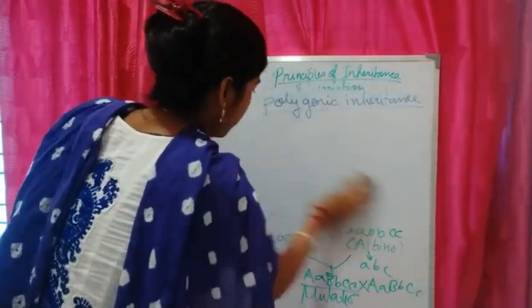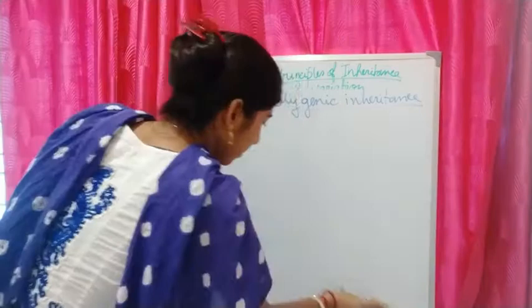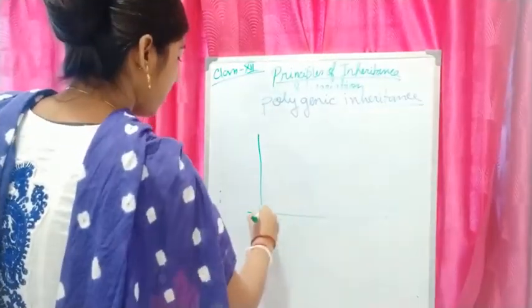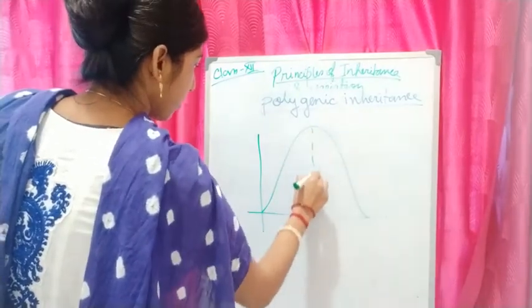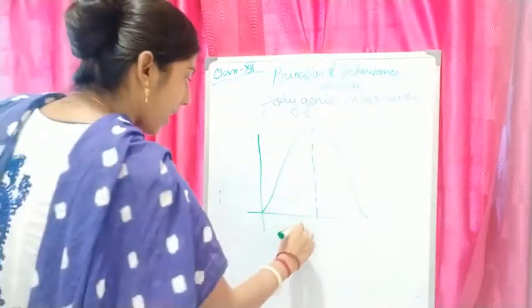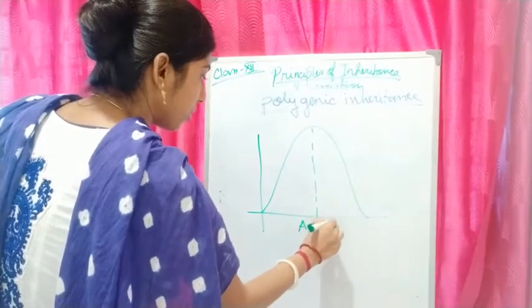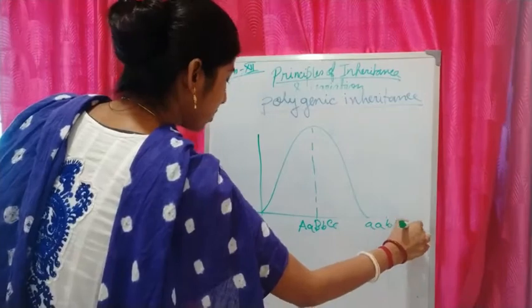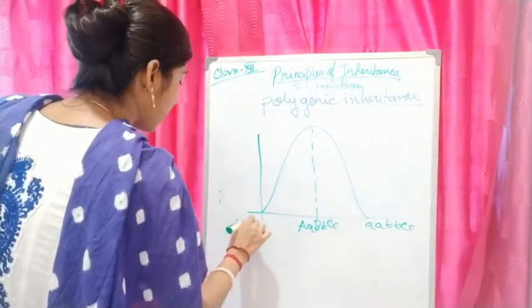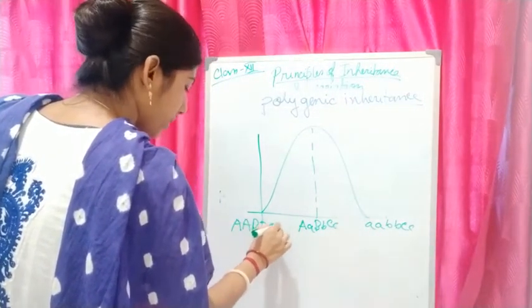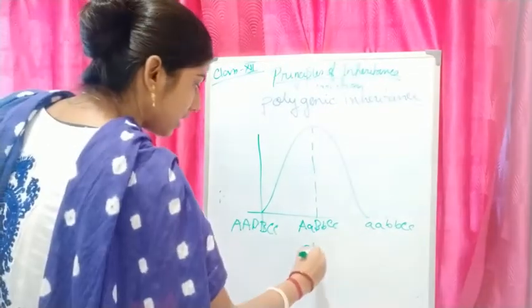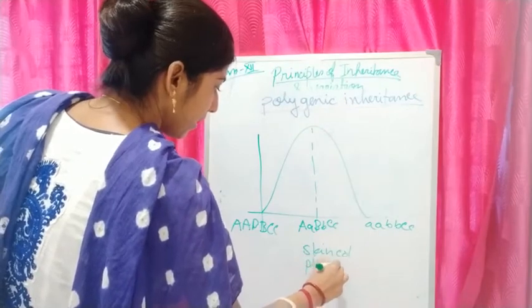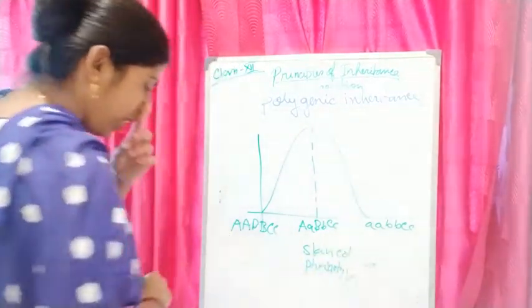If we want to make a curve, just look, we get a bell-shaped curve. If this is the skin color or the phenotype, then the curve will be like that.